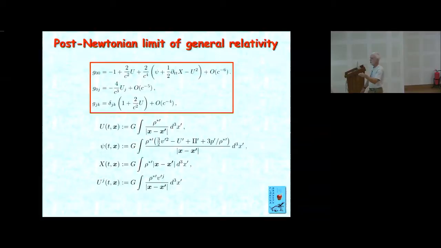And so you get this psi potential generated by kinetic energy, gravity itself, internal energy, and pressure. Pressure produces gravity too, interestingly. And there we have it. That's the 1PN metric derived using this post-Minkowski theory.